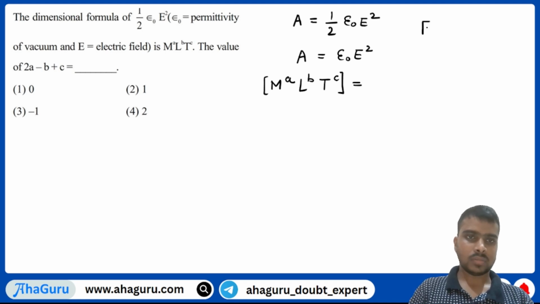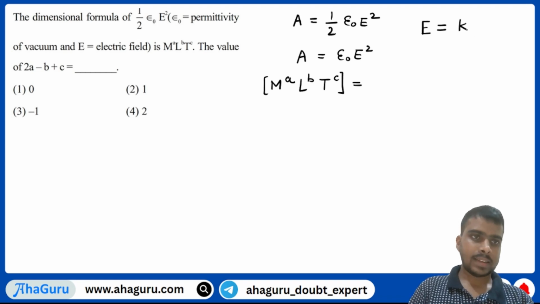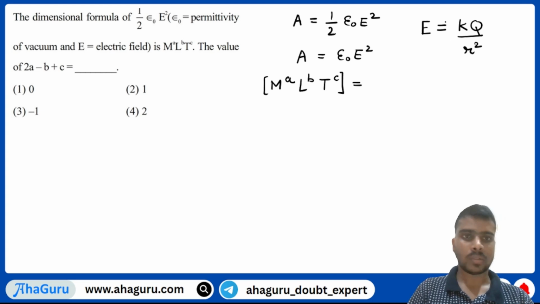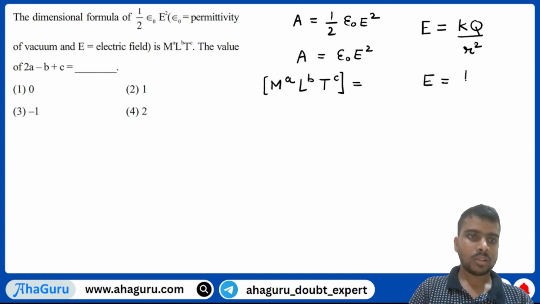Any formula that we can remember of it? Yes, there is a formula of E is equal to KQ by R square. This is a formula for electric field. If I expand this K, I will be getting E is equal to 1 upon 4 pi epsilon naught times Q by R square. So here is the epsilon naught.